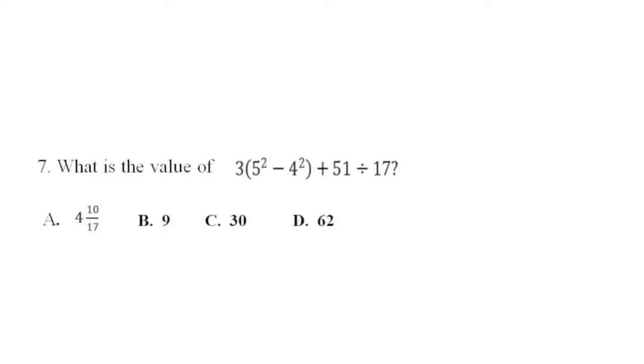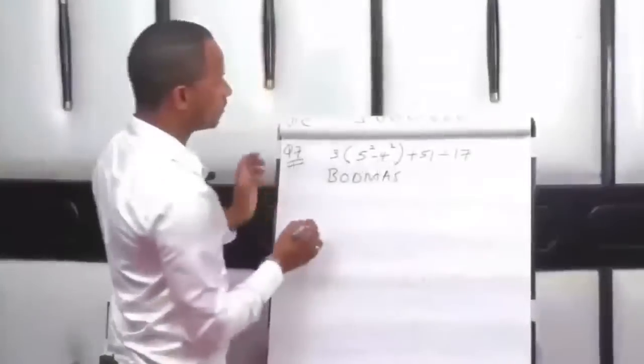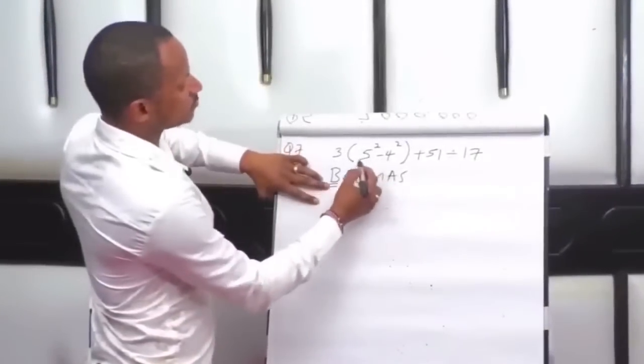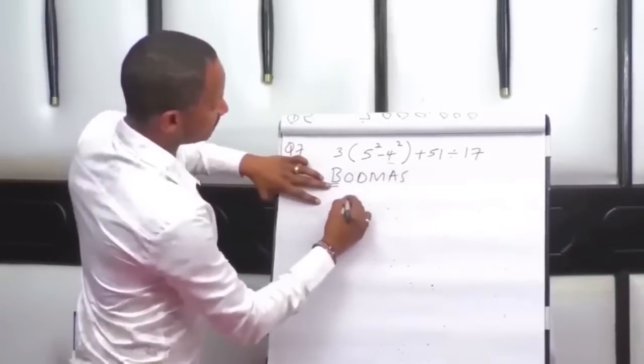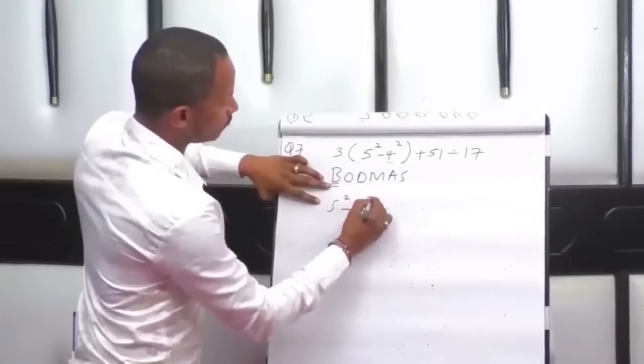I told you when you're given whole numbers and it involves more than one sign, you use what we call BODMAS. So this is an application of BODMAS. So BODMAS is bracket. So first of all, solve what is in the bracket. So what is in the bracket is 5 squared minus 4 squared.